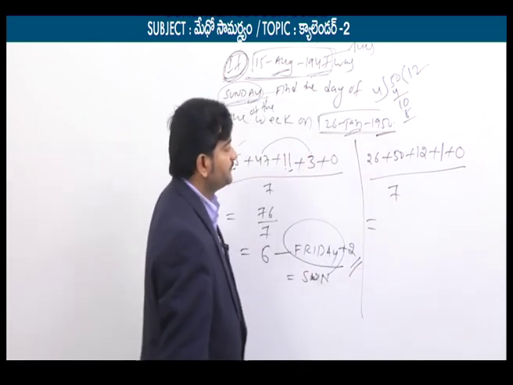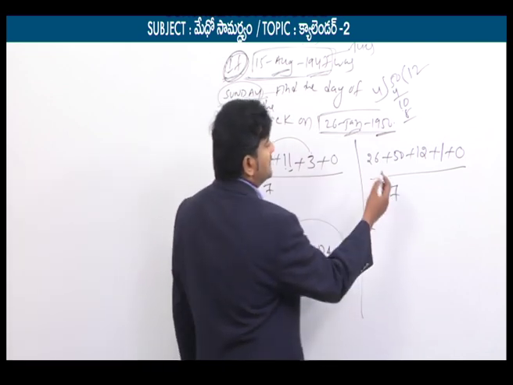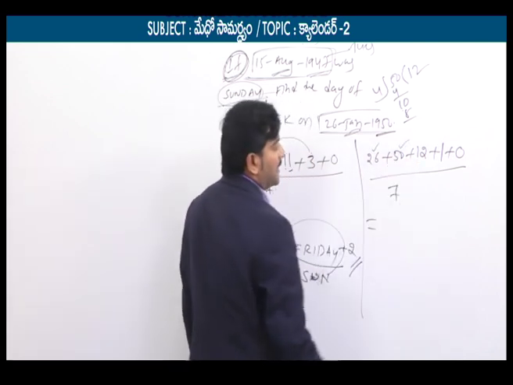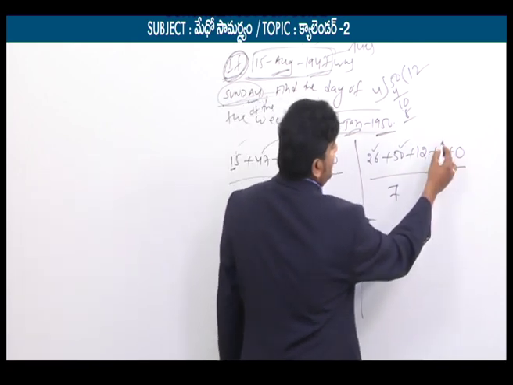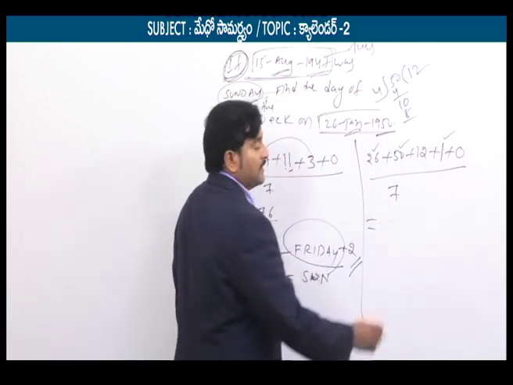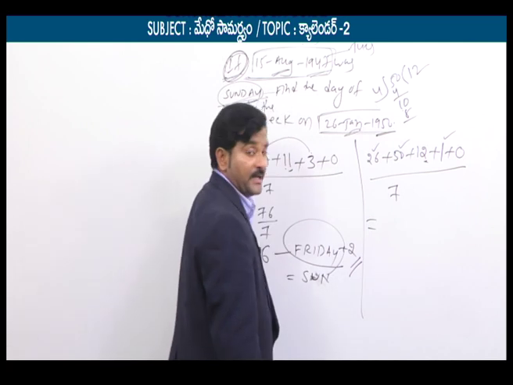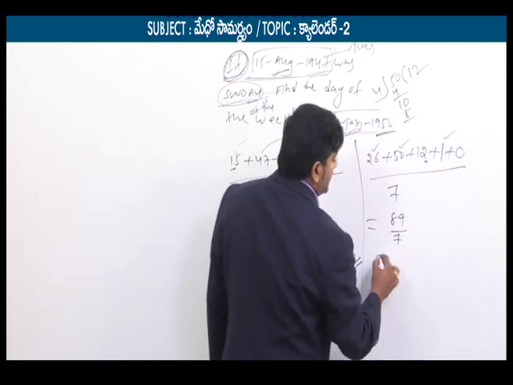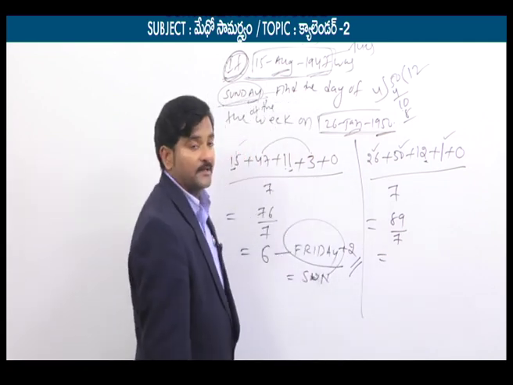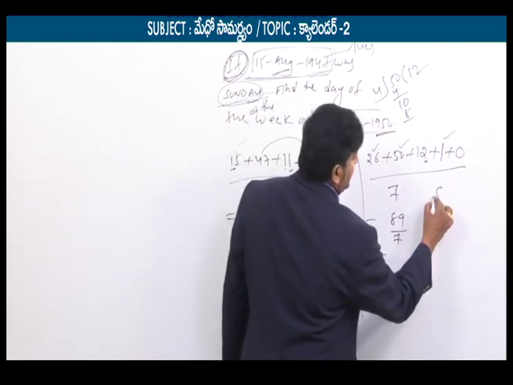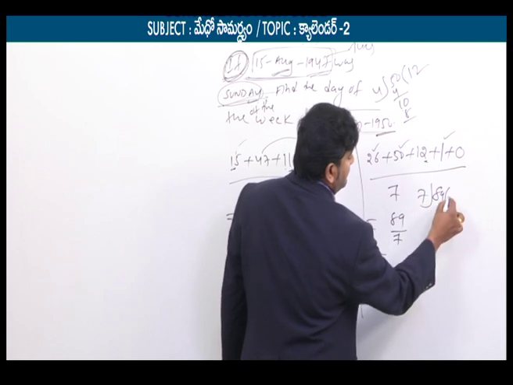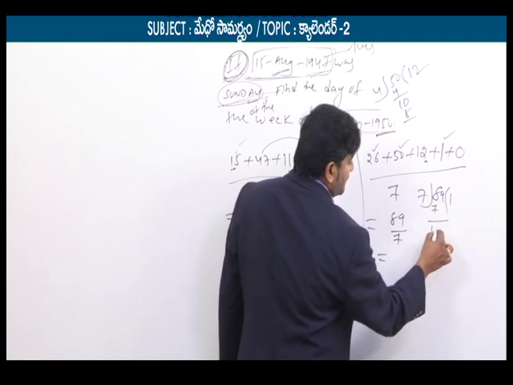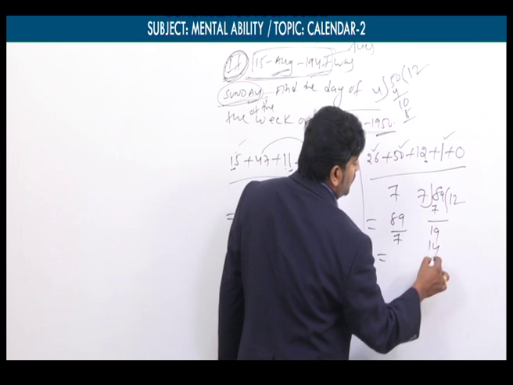So all of these I am dividing by 7. Add all those values. How much am I getting? 26 plus 50, 76. 76 plus 1, 77. 77 plus 2, 79. 79 plus 10, 89. 89 by 7. I need to find the remainder. How much do you get as remainder here? 89 divided by 7: 7 ones are 7, 1 left. 7 twos are 14.